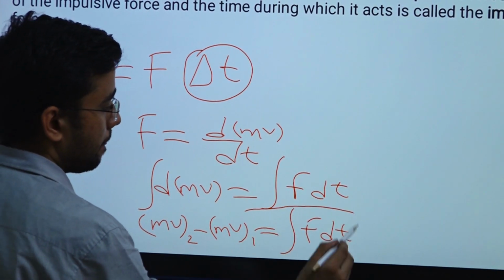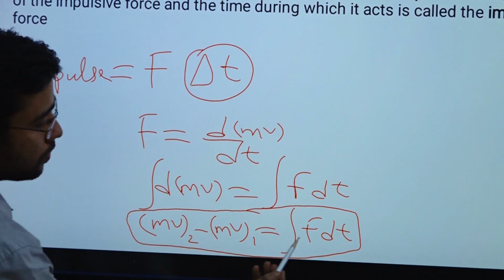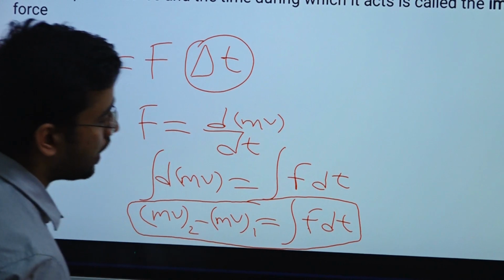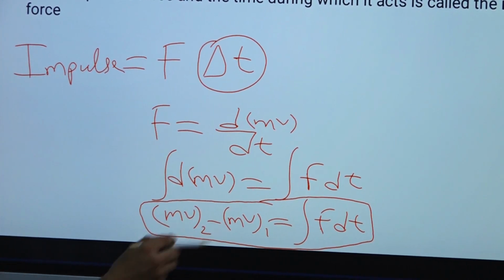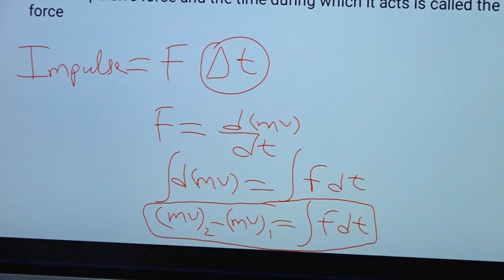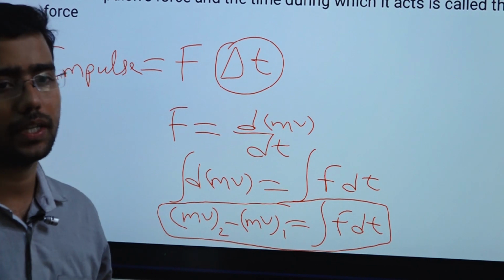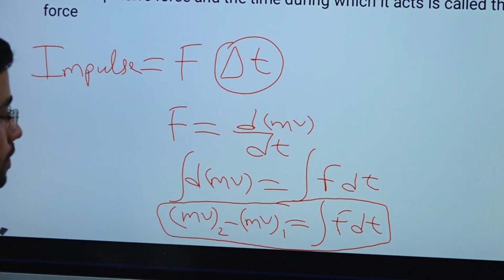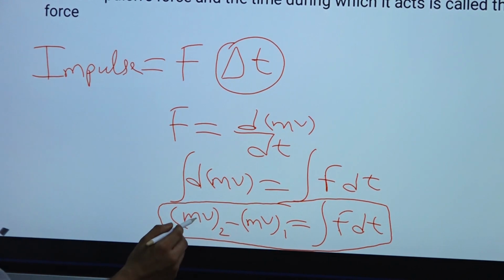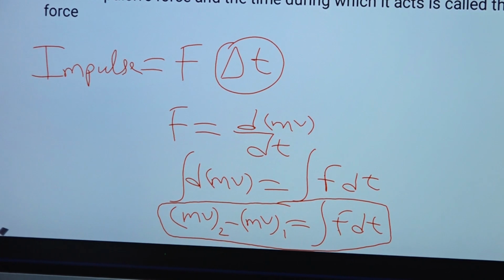So this will be our change of momentum is equal to force into time. With the help of this equation we are going to solve many problems. There are many problems, like a rocket is moving up and the rocket has a variable mass, so that also we can solve with the help of this formula, m2v2 minus m1v1 is equal to integral of F dt, right.